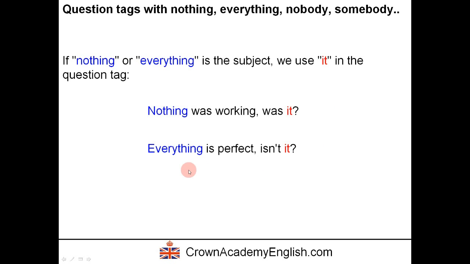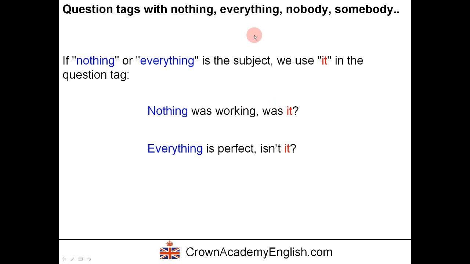And it's the same with the word everything. Everything is perfect, isn't it? So again, this is the third person singular personal pronoun it. So it's singular here and it's singular here. We replace this with it. Okay.